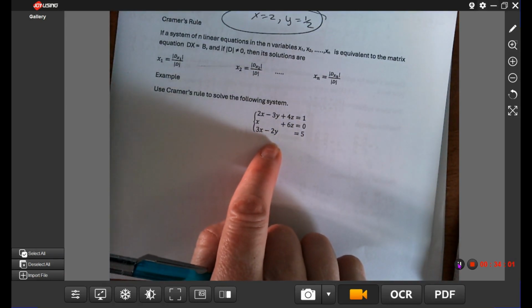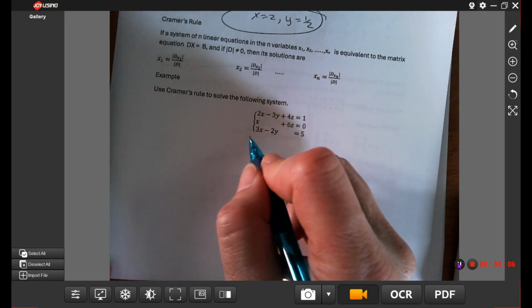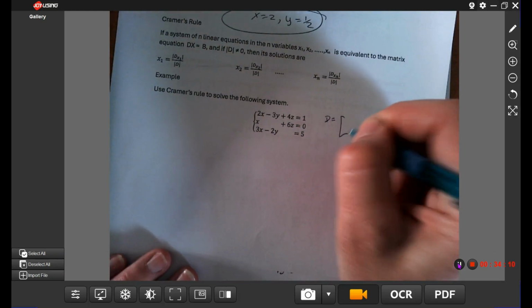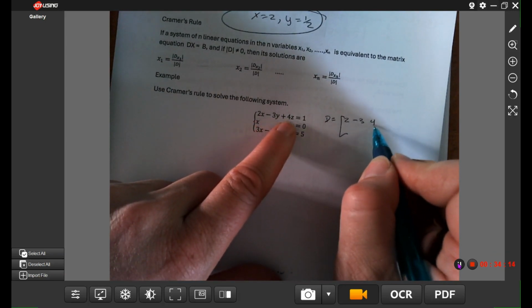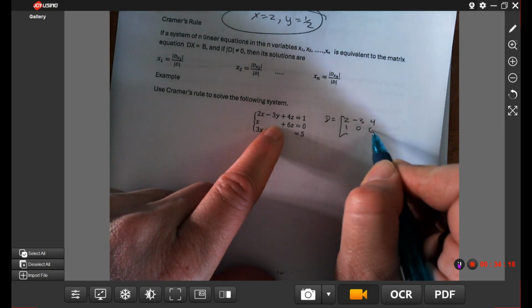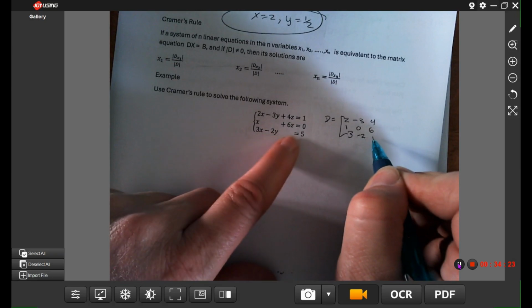So this one is going to be, well, let's write it as a matrix equation. D is going to be 2, -3, 4, 1, 0, no y term, 6, 3, -2, no z term.